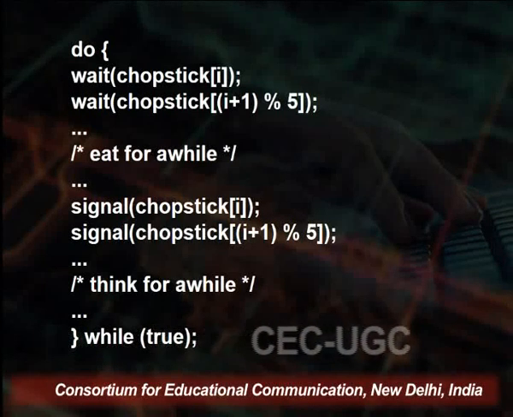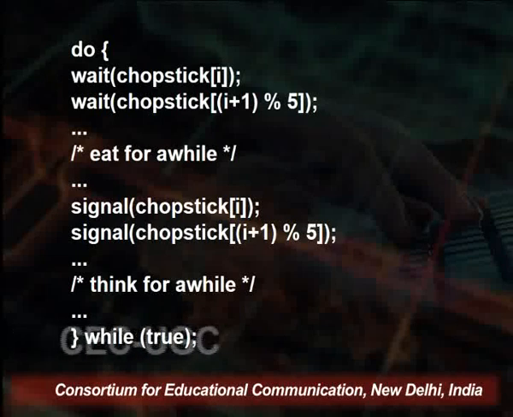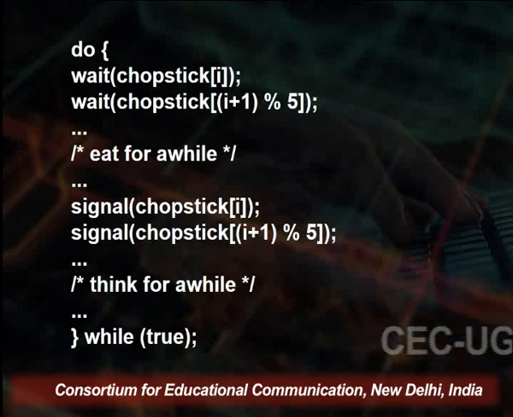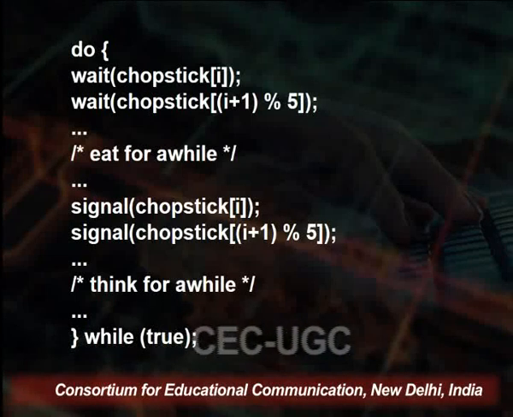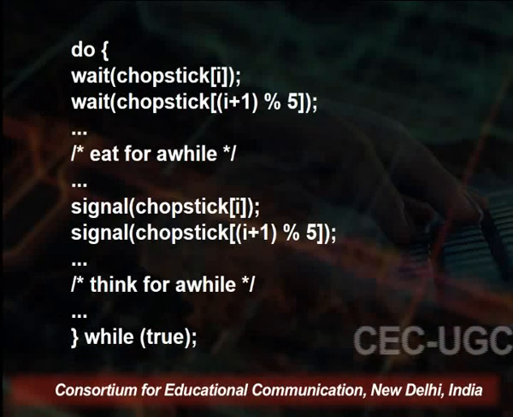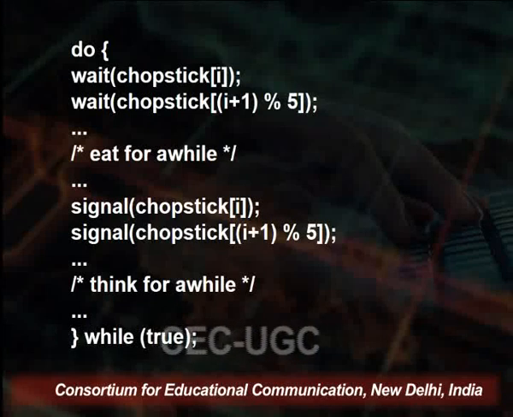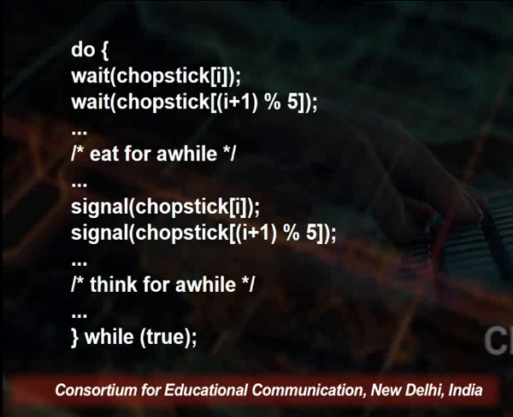So, if I am talking about the first philosopher as 0, she is going to take chopstick 0 and then chopstick 1, which is (0 plus 1) mod 5. Or if I am talking about the third philosopher, chopstick 3 and chopstick 4 will be taken if i equals 3.